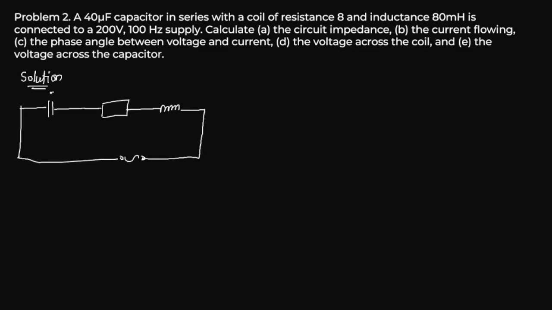Our capacitor C is 40 microfarad, our resistor is 8 ohms, and our inductance L is equal to 80 millihenry. The inductor and the resistor form the coil, so the voltage across these will be V coil, and the voltage across this one will be VC, the voltage across the capacitor.